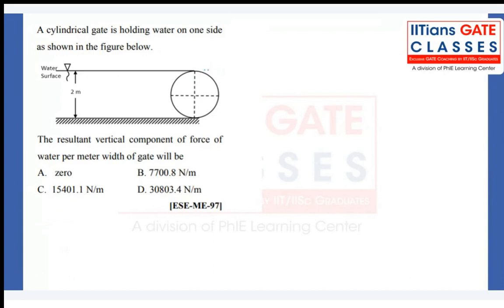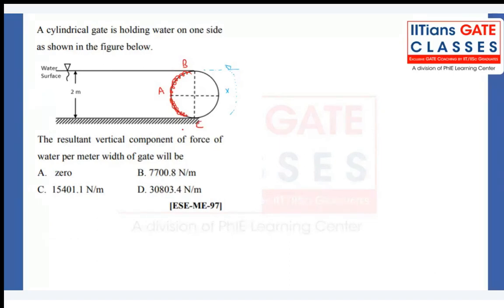On the right side, there is no water, so no force. Simply, the curved surface is there. Try to imagine this is made up of one curved surface, and this is made up of another curved surface, and you take A, B, C. You try to divide it.